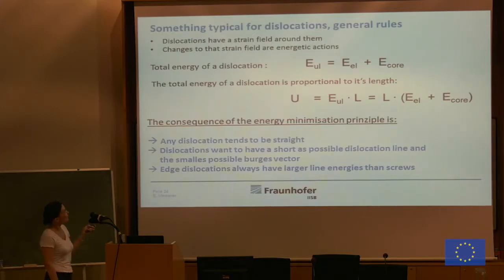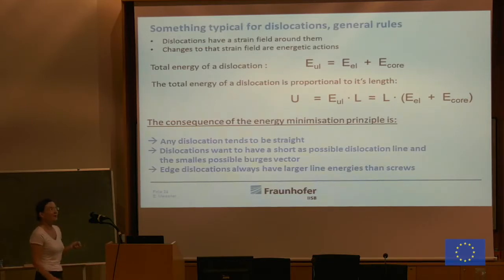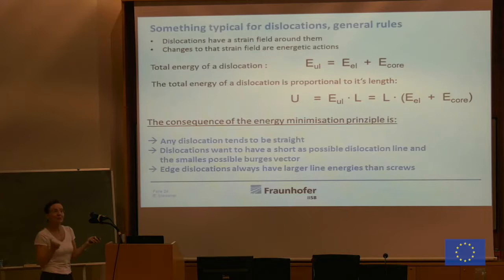So in order to follow the minimization principle, a dislocation always tends to be as straight as possible. Because if it makes detours, it means that the dislocation line becomes longer, and this is, for energetic reasons, not favorable. The dislocations always want to have the shortest possible dislocation line and the smallest possible Burgers vector.